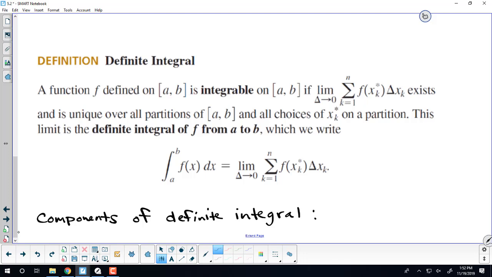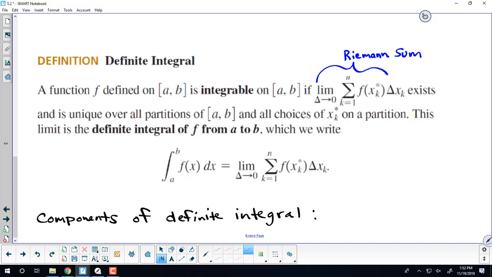If the Riemann sum, this is our Riemann sum right here, exists and is unique over all partitions, over all subintervals or rectangles, then the limit of the Riemann sum that we just wrote down above is going to turn into this notation for us.